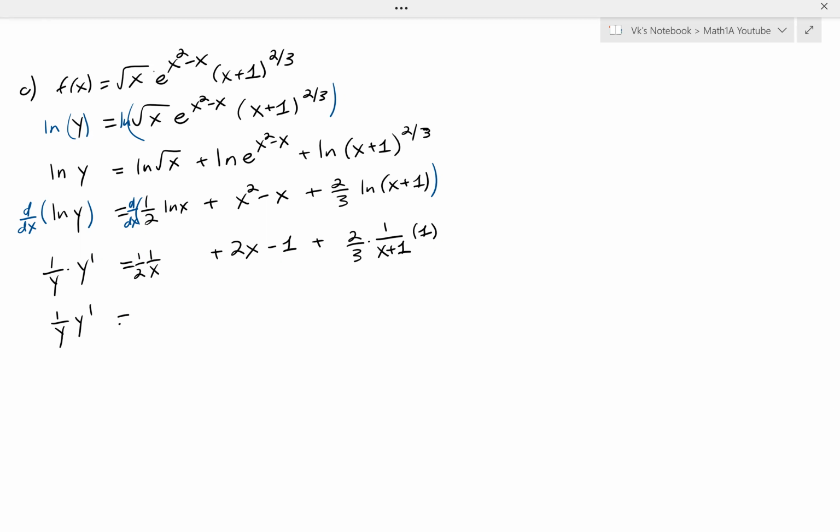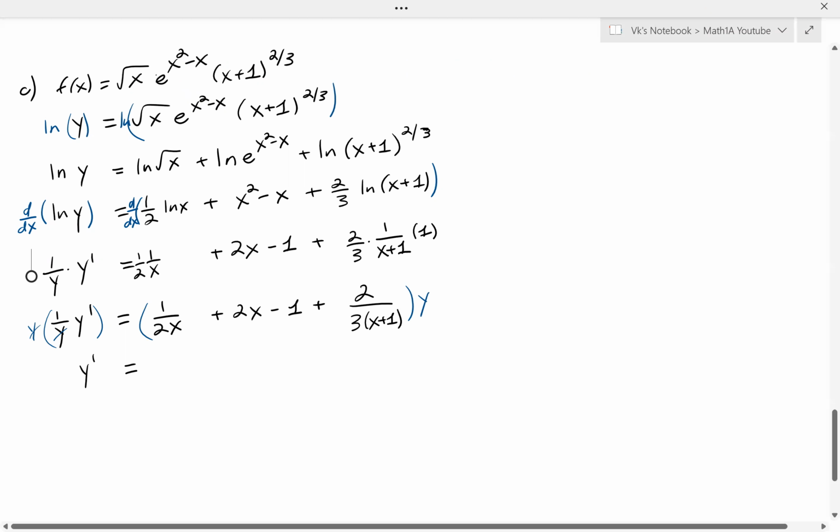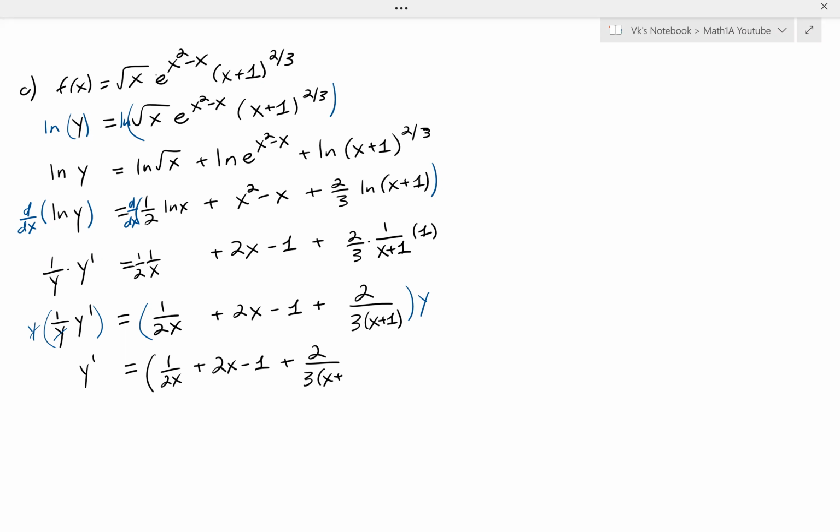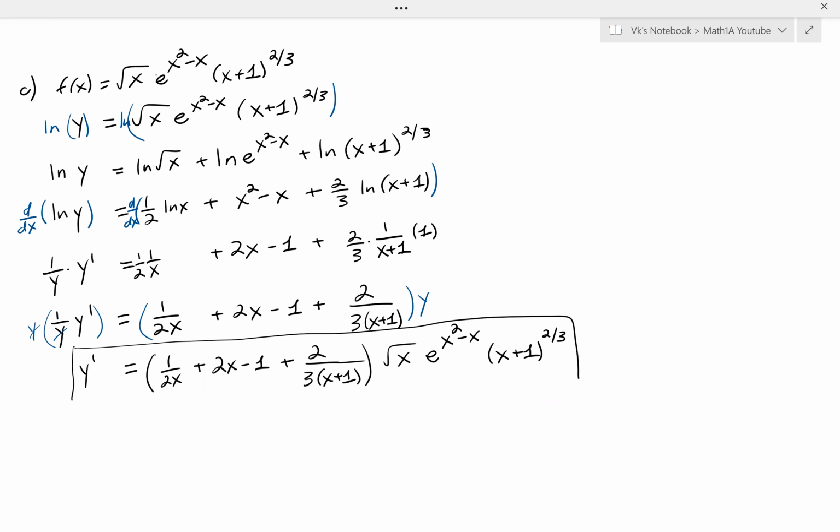So y prime over y is 1 over 2x plus 2x minus 1 plus 2/3 times 1 over x plus 1. Now y prime is this whole thing multiplied by y. And that gives us 1 over 2x plus 2x minus 1 plus 2/3 times 1 over x plus 1, multiplied by root x e to the x squared minus x times (x plus 1) to the power 2/3. Crazy. But we got the answer.